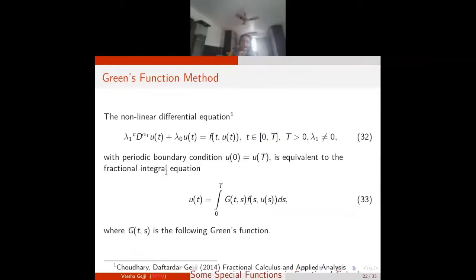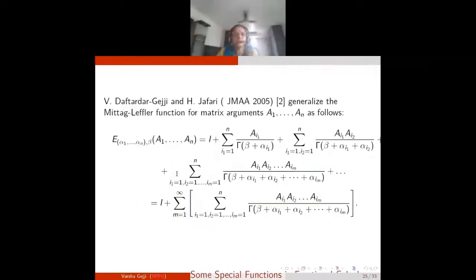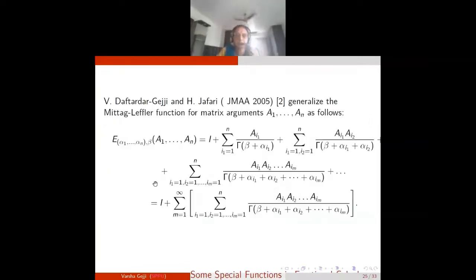So in this system, whatever we consider, everywhere you have one alpha. What I am now doing is changing it and taking the derivative of x1 with alpha 1 order, derivative of x2 with alpha 2, derivative of xn with alpha n order. It's a little bit of a complication, and the solution of that is in terms of this series, where I have alpha 1, alpha.